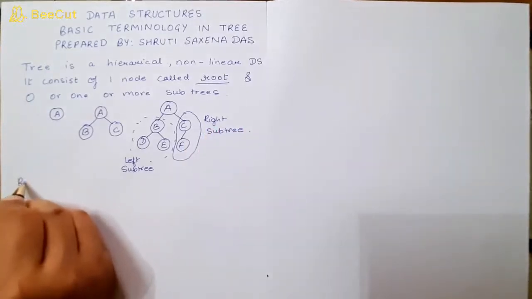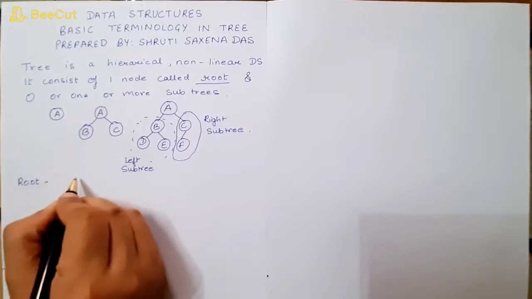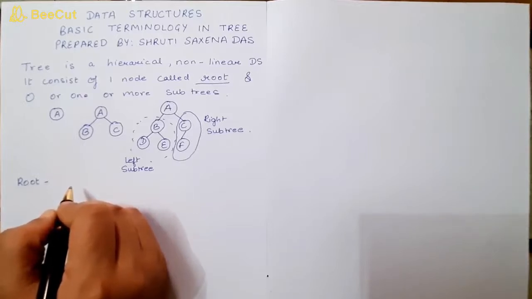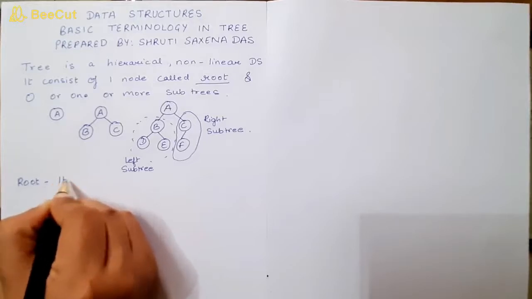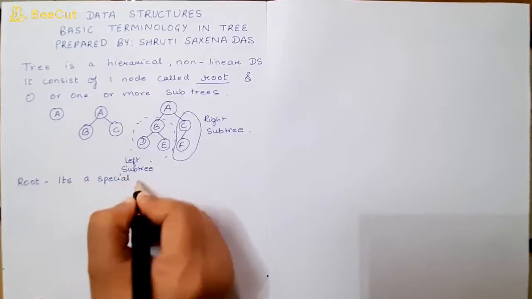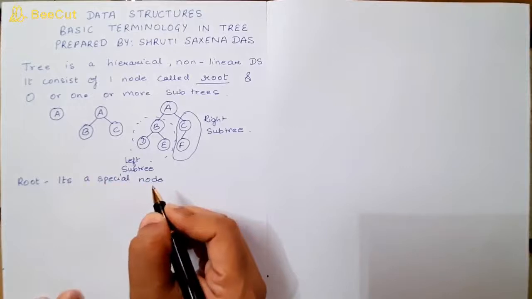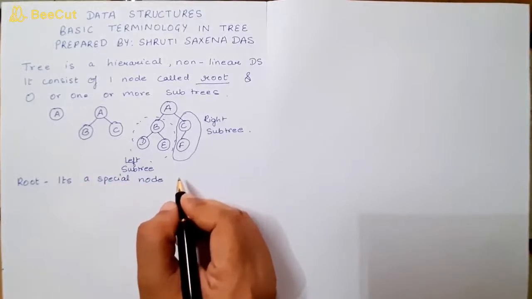First we'll discuss the root only. Root means, as I said, the node which exists at the top of the tree. It's a special node because we traverse the tree with the help of this root node only. That's why we call it a special node.